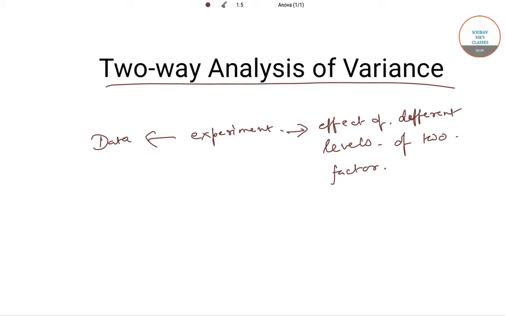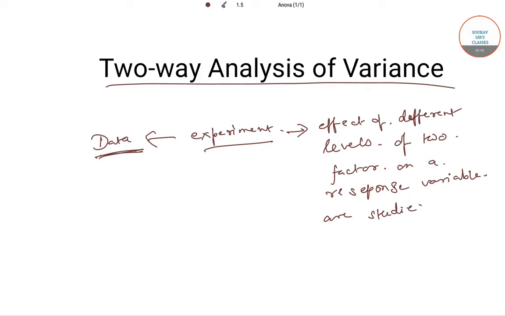So here the data are coming out of an experiment in which the effects of different levels of two factors on a response variable are studied in a single experiment.